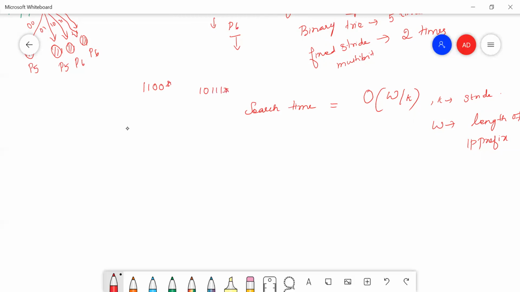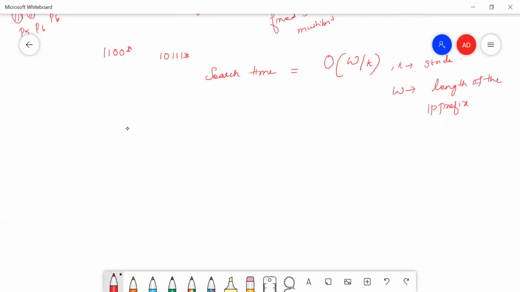Since we have P1 to P9 already listed, let's name these P10 and P11. Let's see how this insertion happens in the fixed stride multi-bit trie.